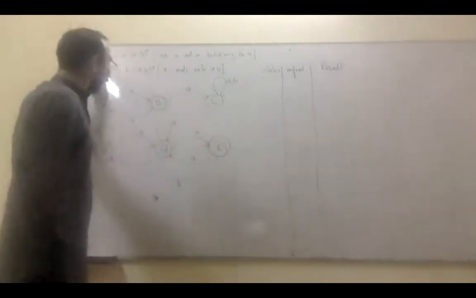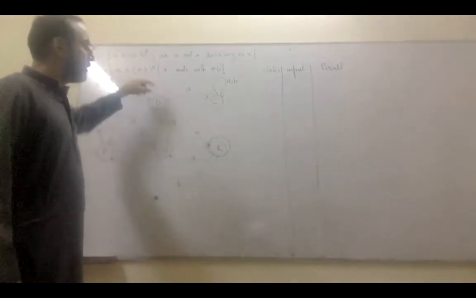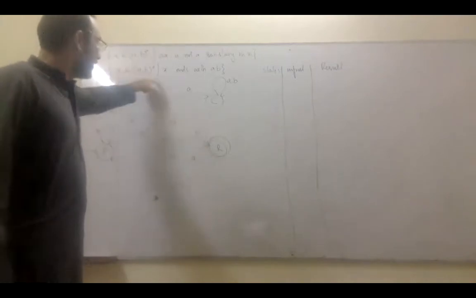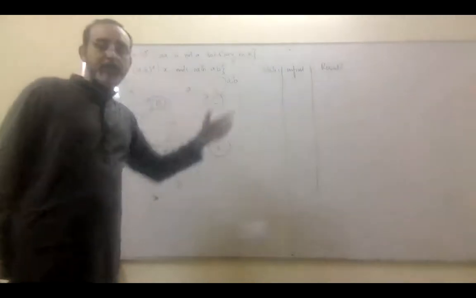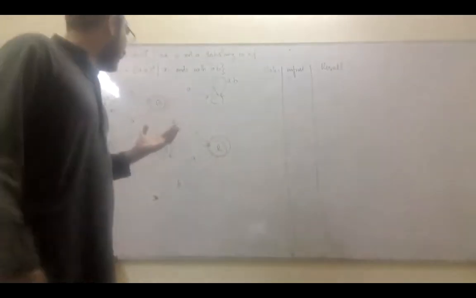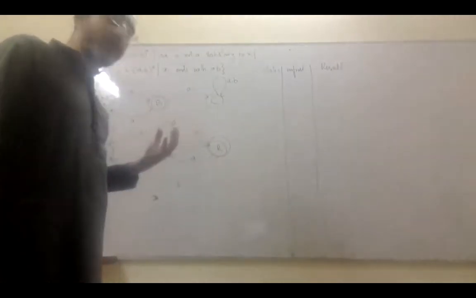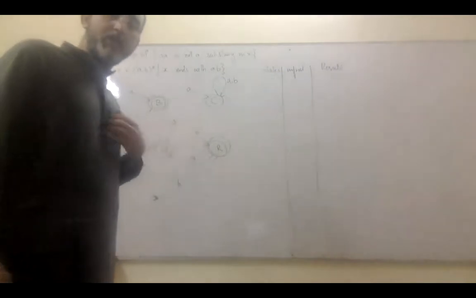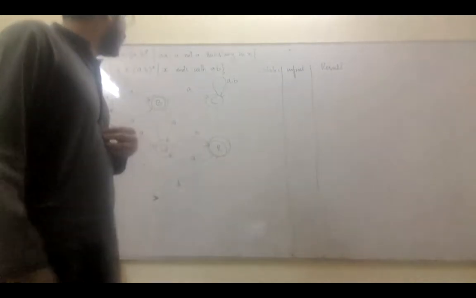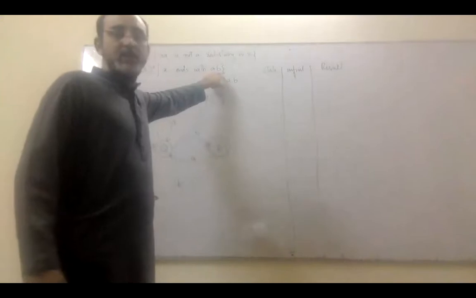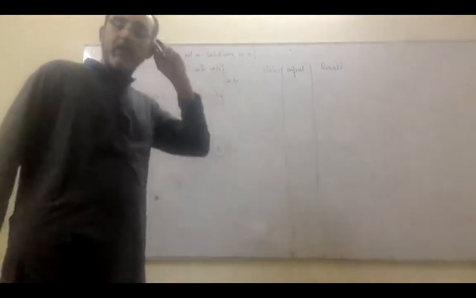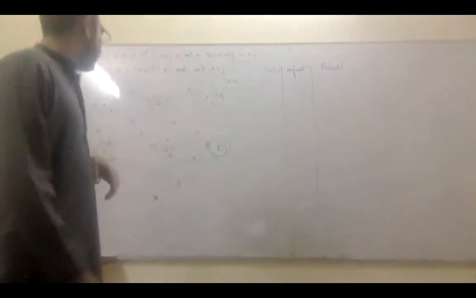Language 2 is that x belongs to {a, b}* such that x ends with ab. So strings having all combinations of a and b, but ab must be at the end of each string.